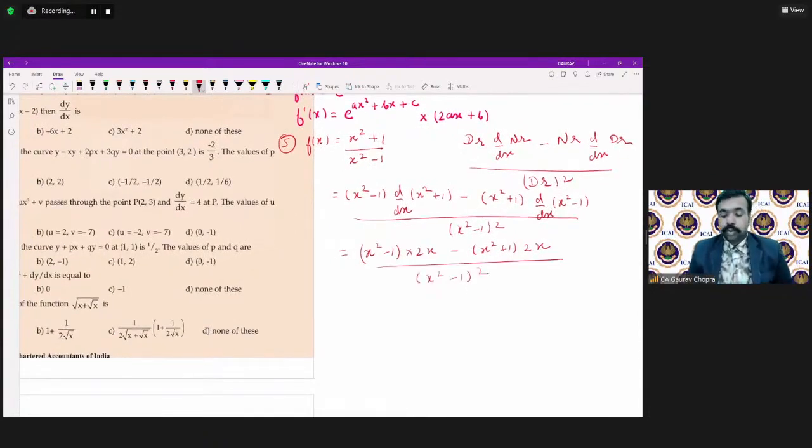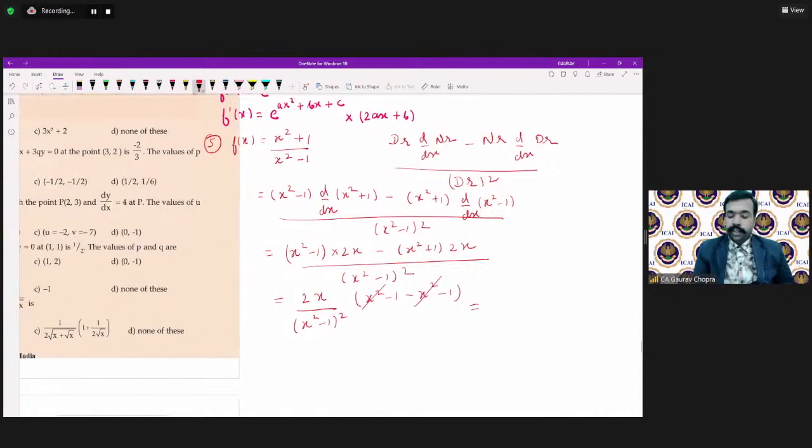Okay, so what we are getting here, we can take 2x as common, and then we are left with x square minus 1 minus x square minus 1. x square and x square get cancelled.